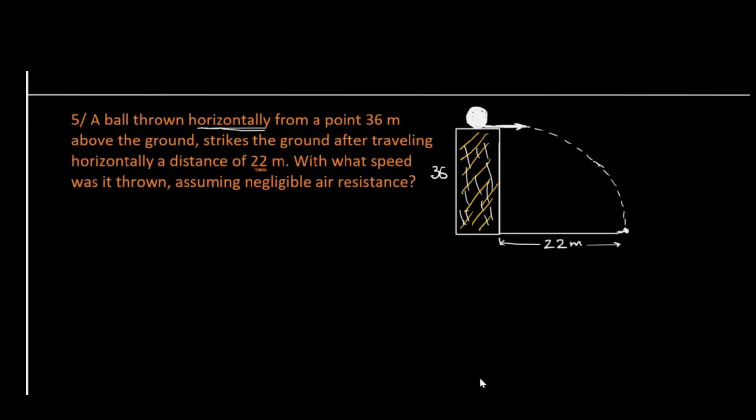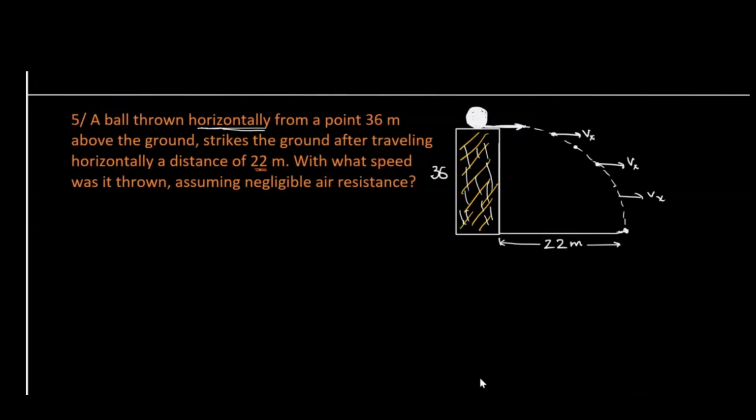So at every point in the trajectory, there is the x component, which is vx. This vx is constant, it's the same. The x component of this projectile motion is not changing.